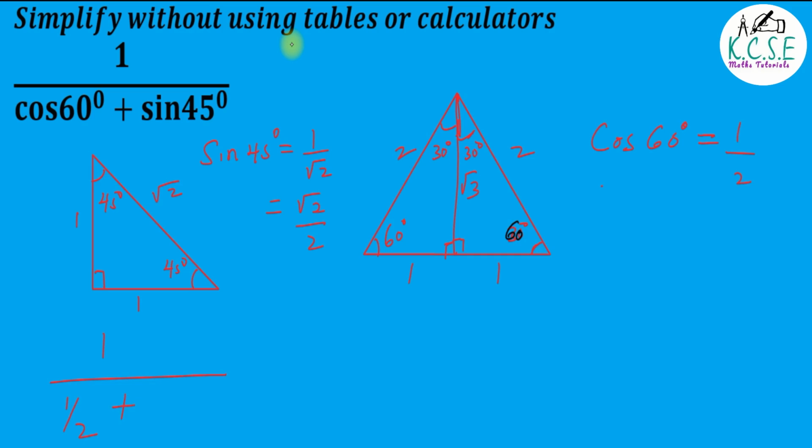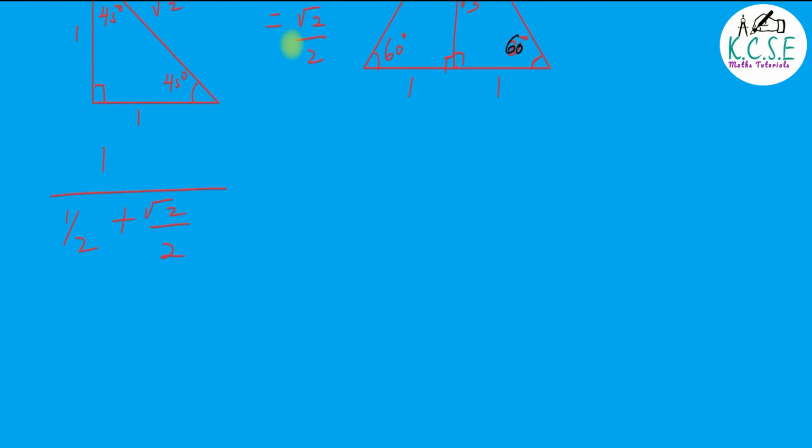plus sine of 45, which is root 2 divided by 2. Now to simplify this, we just need to rationalize the denominator by multiplying both the numerator and the denominator by the conjugate.